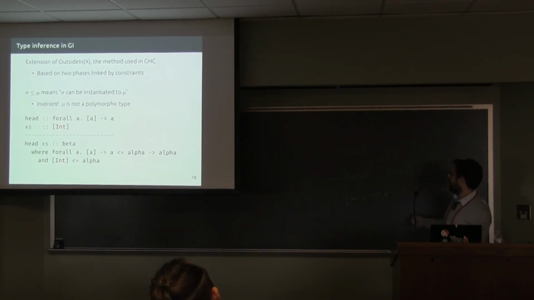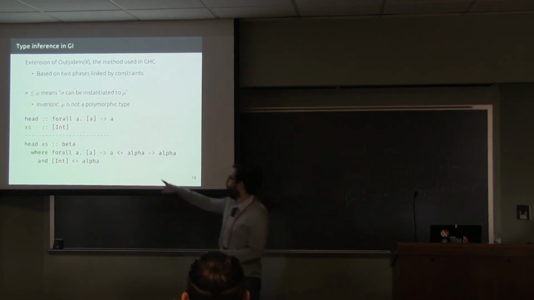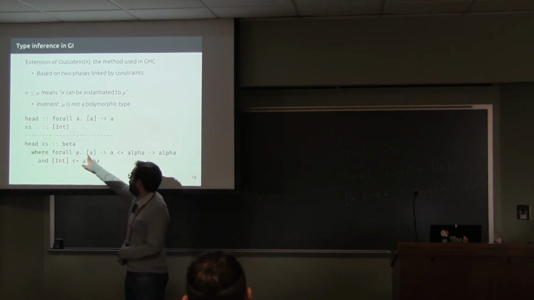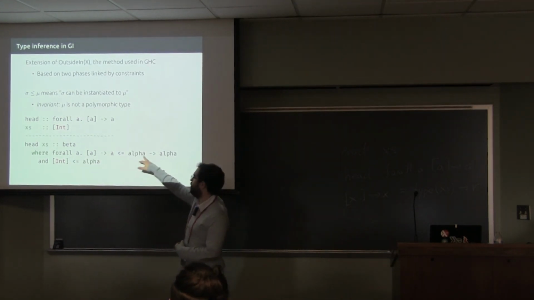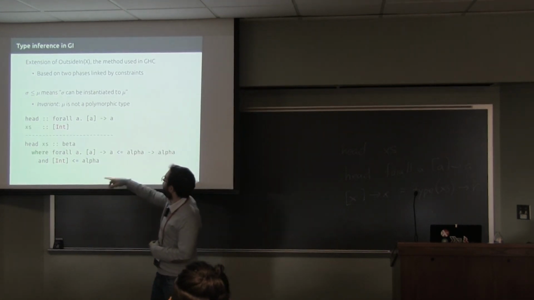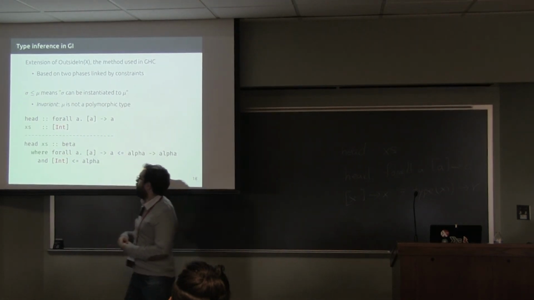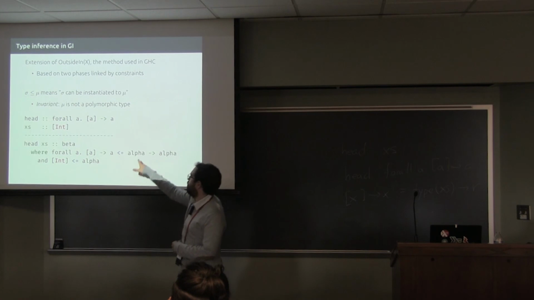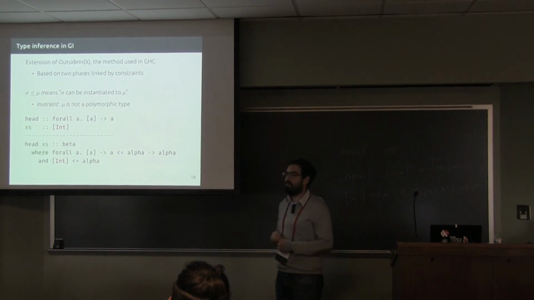So now something like head x's doesn't really include these new variables. You just remember that this forall, at some point you will have to tell me how it's turned into this new type of form alpha to alpha, and that the type of the argument can be turned into the type that is required by head.